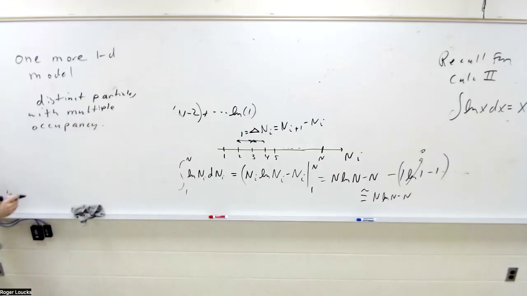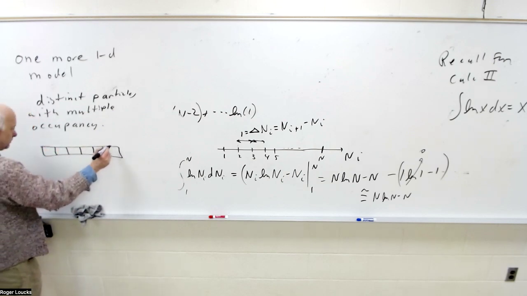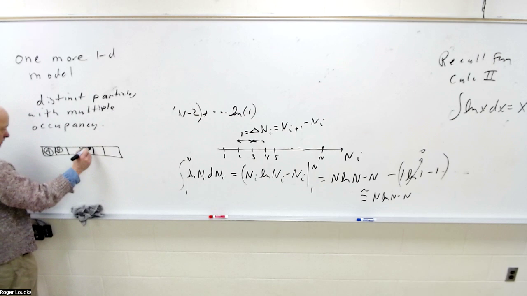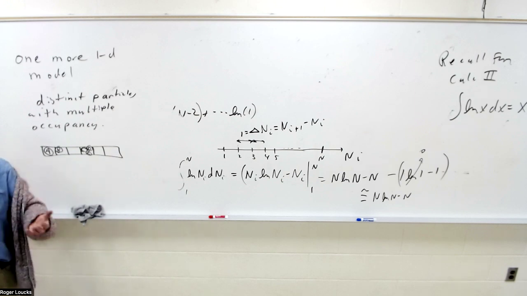So what I can do here is a situation like this, where we have our cell or 1D box again. I can have particle A here, particle B here, and C, D, and E here like that. Same situation as before. They're distinguishable particles, but I can let the particles be anywhere.